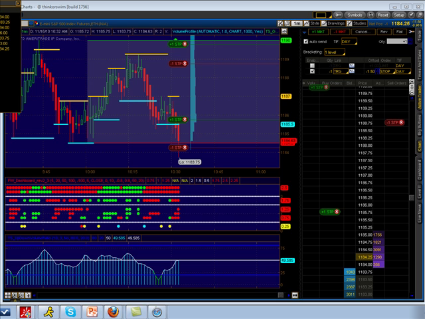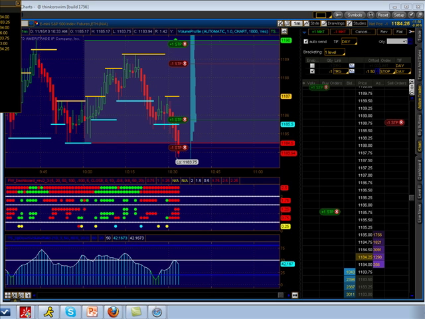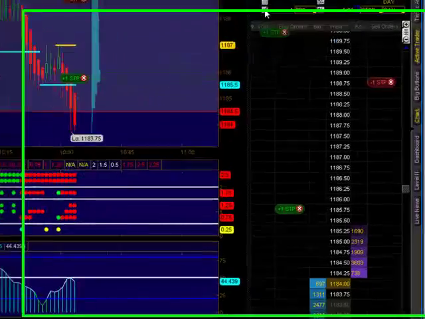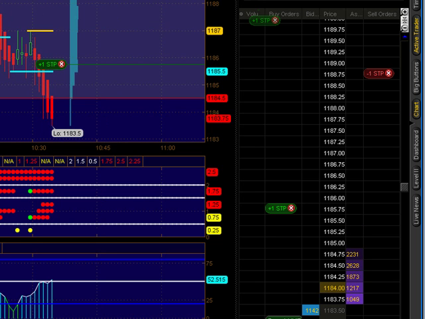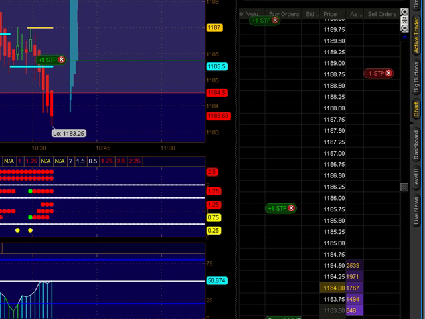We were just filled on that sell stop, 84.25, and just as a proof of concept, we talked about getting 1 point on this trade. I'm going to take off my trailing stop, and I'm going to go ahead on down to 83.25 and enter an order to close out the trade.